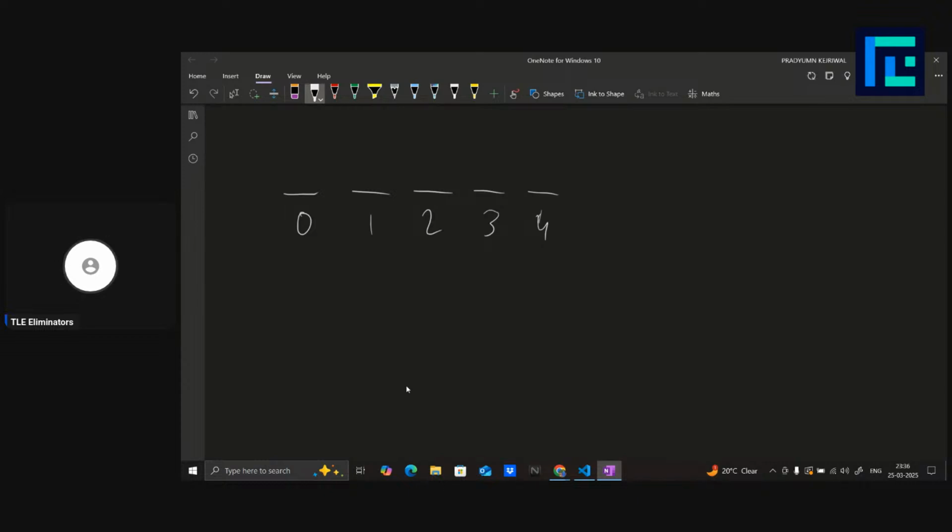So let us assume that number is 0, that 0 is a fixed point, so 0 should be at index 0.